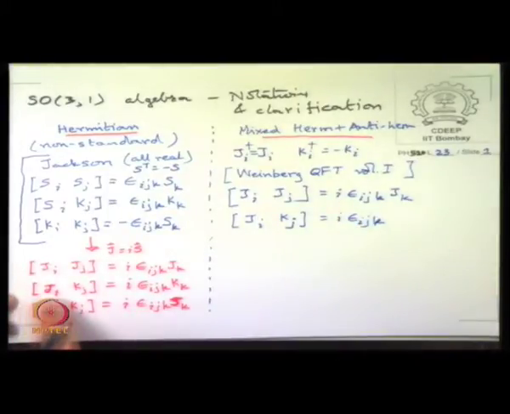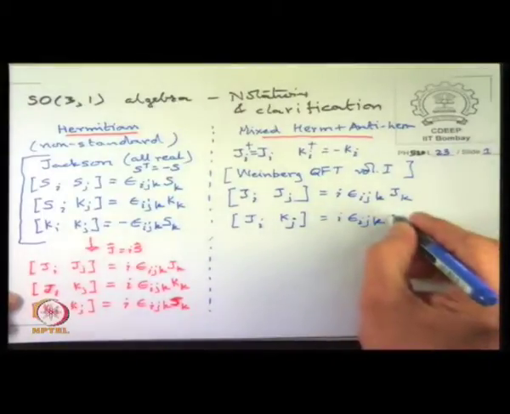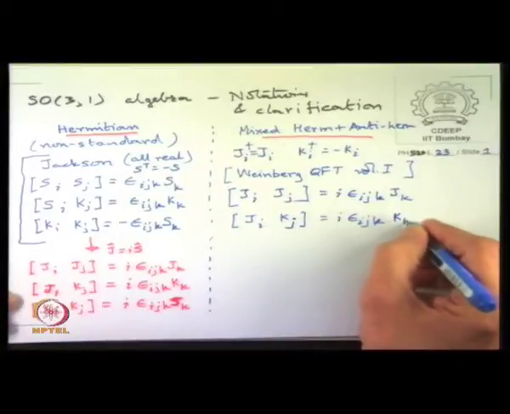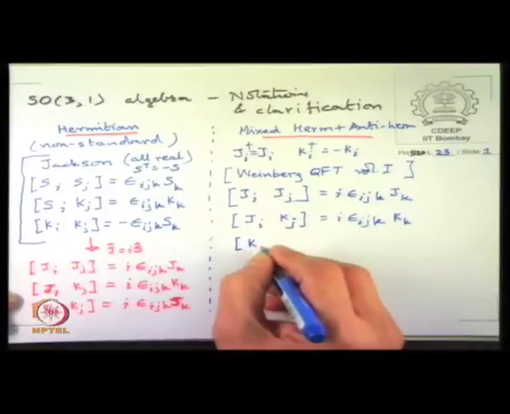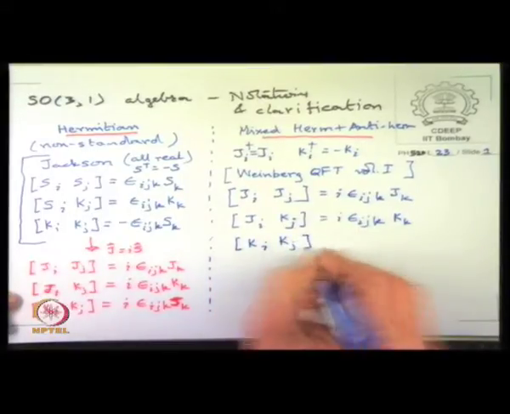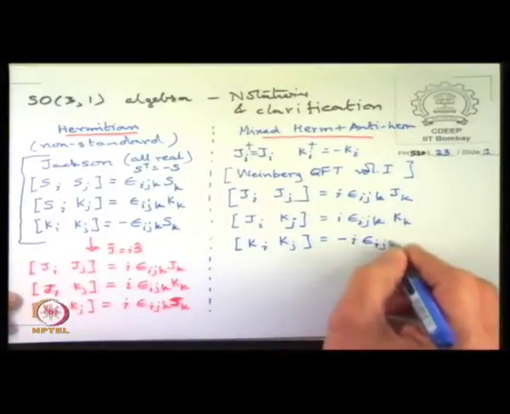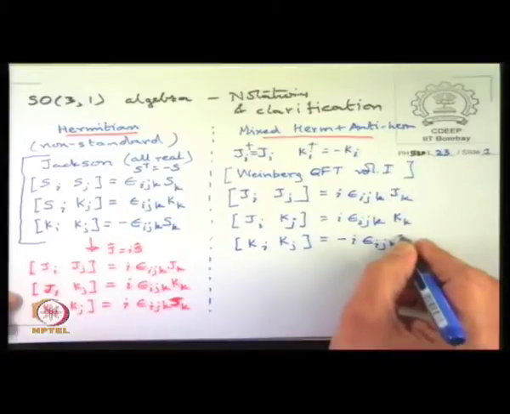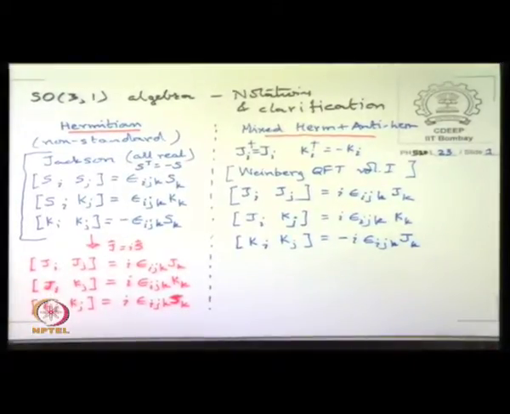So that is the second line here. J_i K_j produces I epsilon_ijk K_k. But the third line, K_i K_j, in this case turns out to be equal to minus I epsilon_ijk J_k. Two boosts lead to a rotation, but with a minus sign.